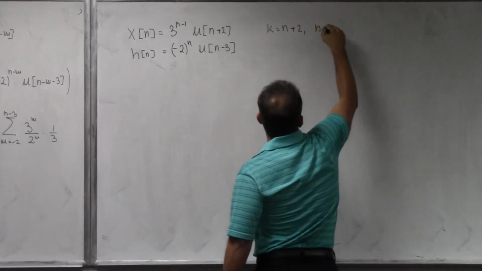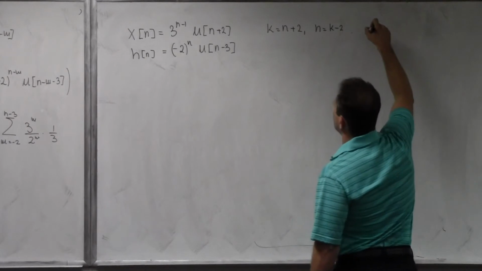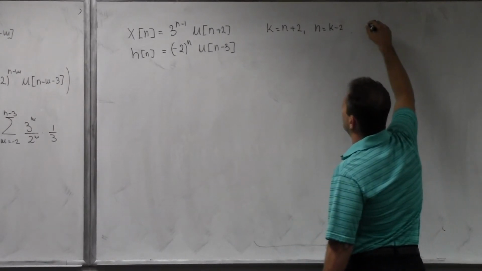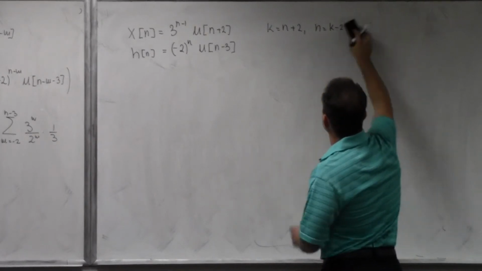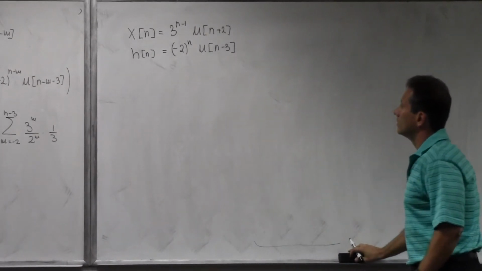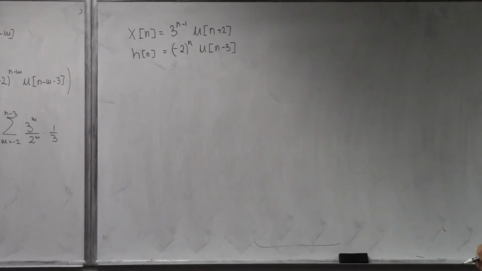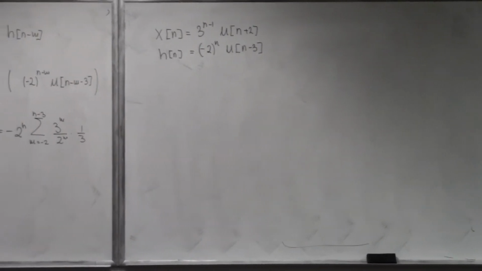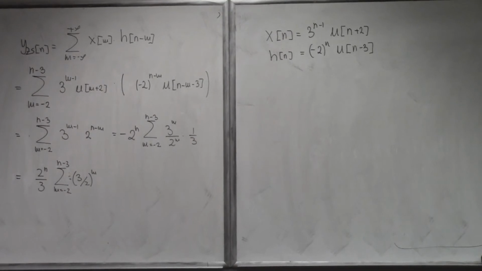So from here, n is equal to k minus 2, right? And then I can say here, or let me think a little bit before I go. So if we start the function from minus 2 to infinity, because u of n plus 2 is just a shifted version, the signal will start basically from minus 2.